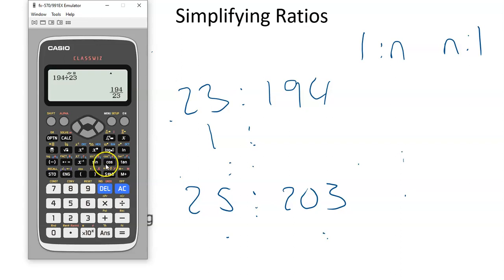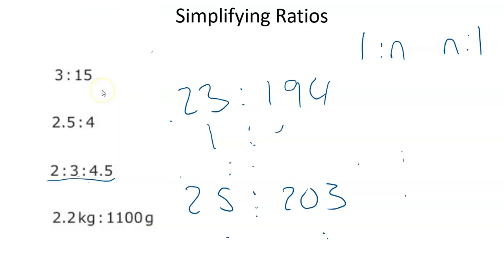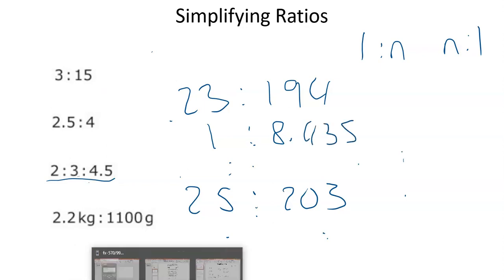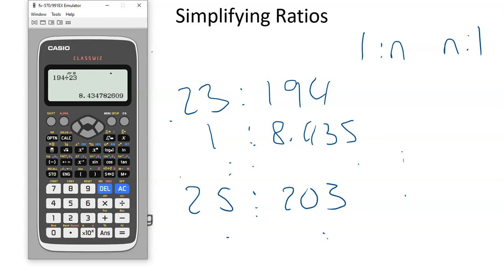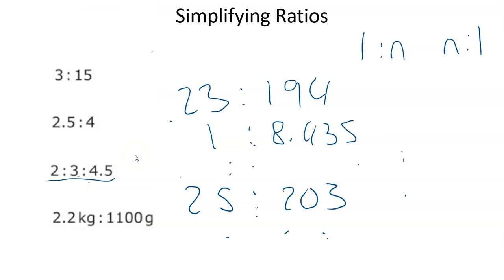It is, unhelpful, yes, let's press S-D, 8.435, to round it. And then for the second one, we'll do the same thing, divide both sides by 25, that makes that a 1, and 203 divided by 25 is 8.12.